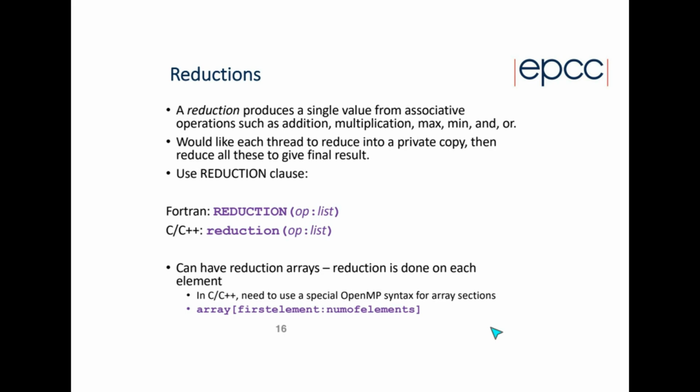So what we'd like to happen is what we talked about yesterday. Okay, we'd like each thread to reduce into a private copy, and then at the end of the parallel region combine those private copies together with the appropriate operator to give the final result.